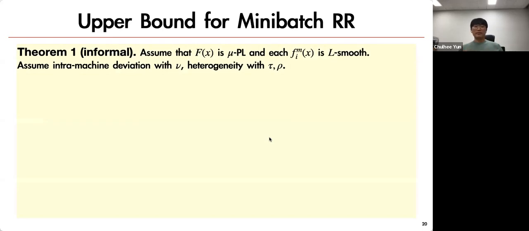Okay, let me state the first upper bound. These are the assumptions that I covered already, right? We assume that the global objective function f is Polyak-Lojasiewicz, and each of the individual component functions is L smooth. And we assume bounded intra-machine deviation and heterogeneity.